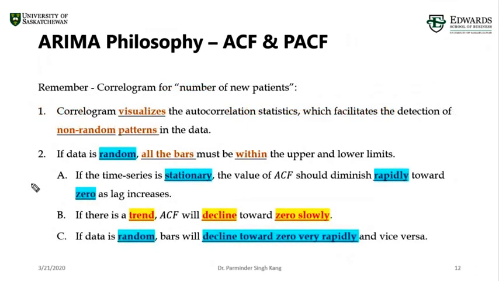So just to quickly wrap up the autocorrelation and the partial autocorrelation, we're going to say a time series is stationary if the value of autocorrelation diminishes rapidly towards 0 as the lag increases. So from our previous slides, this is not the case with the GDP data. We can easily say that there's a trend component in our time series. So we're going to take the first difference to remove the trend, and if the trend is removed, it must exhibit this property, right?